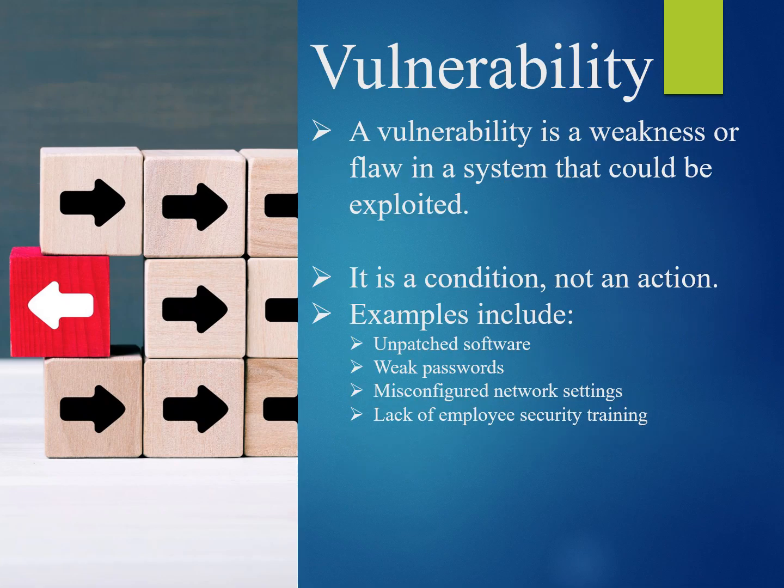What is a vulnerability? A vulnerability is a weakness or a flaw in the system that can be exploited. It is a condition, not an action. Examples: unpatched software, weak passwords, misconfigured network settings, lack of employee security training.